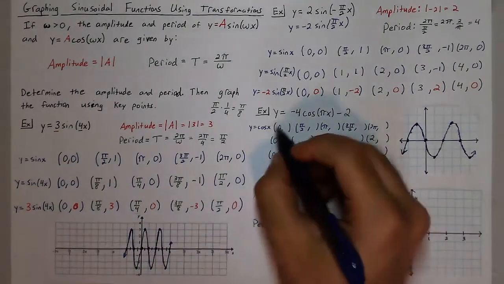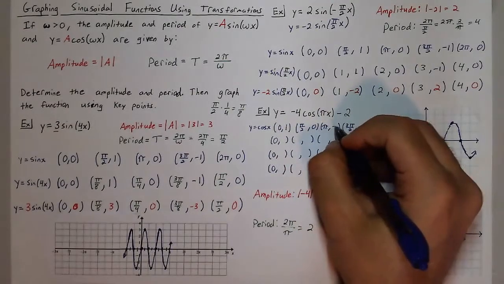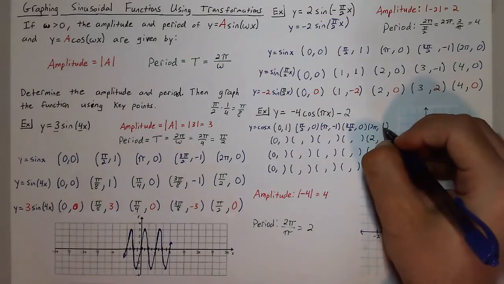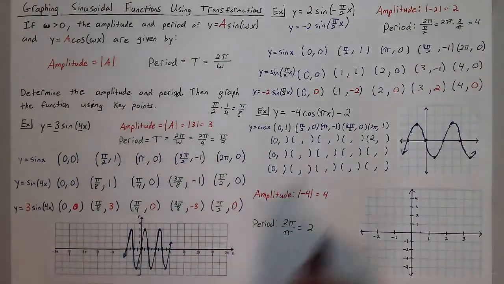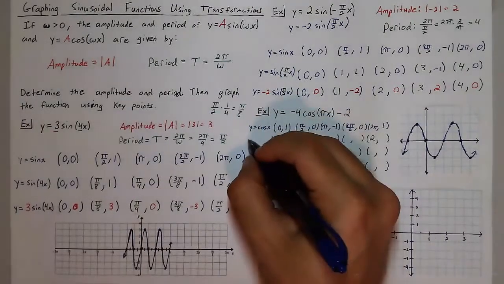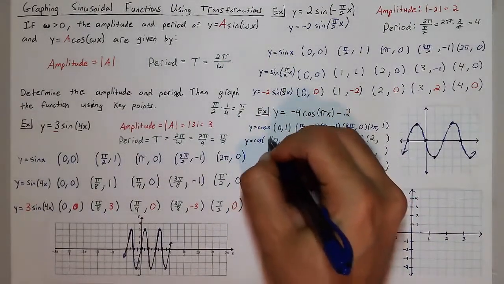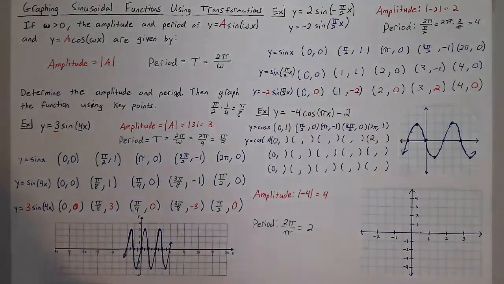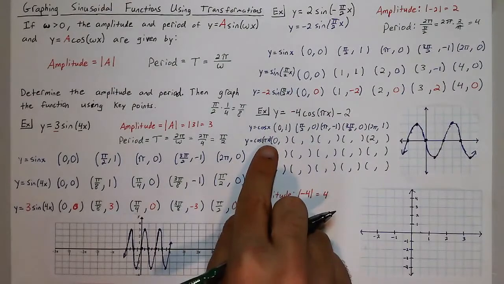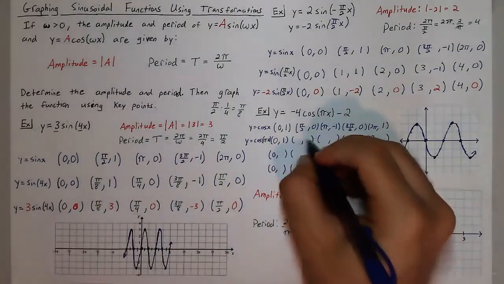Now starting out, cosine of 0 is 1, cosine of pi over 2 is 0, cosine of pi is negative 1, cosine of 3 pi over 2 is 0, and cosine of 2 pi is 1. Again, for this first step, I'm only going to be changing the period of my function, so it will be cosine of pi x. So just this period change only, so my y value should stay the same as I go throughout this step.